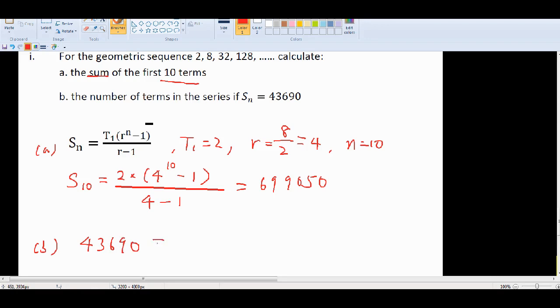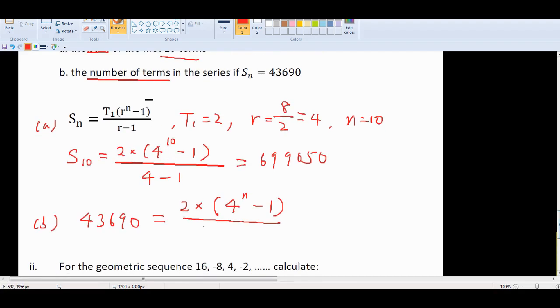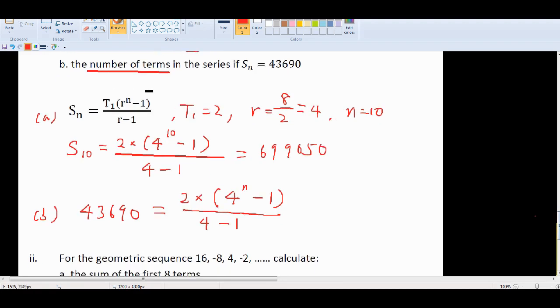This time we're going to say 43690, that's Sn. First term still 2, 4 to the power n, because it's about the number of terms. You need to find n, minus 1, equals 4 minus 1. If you like, you can do a little bit of simplification.